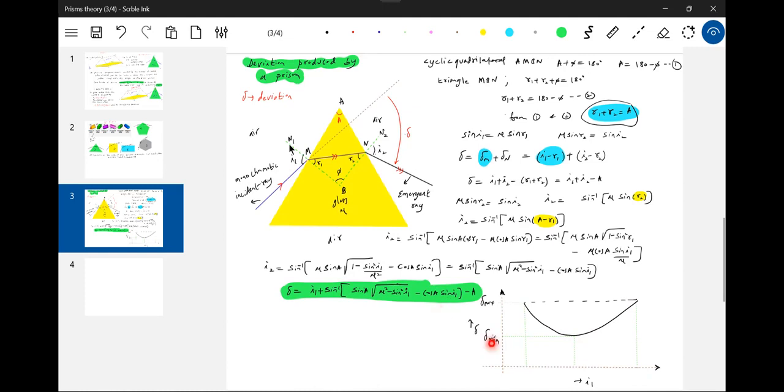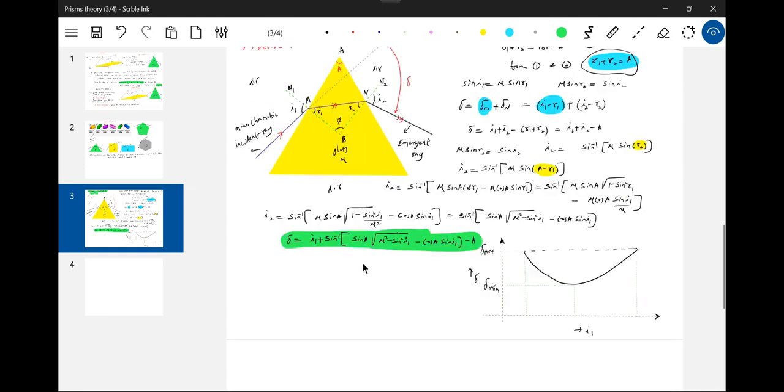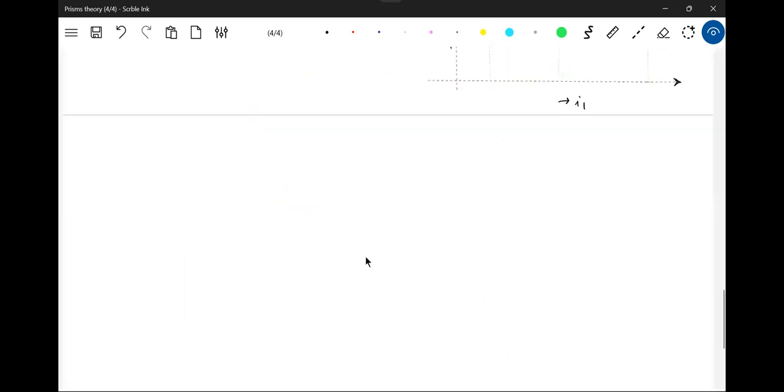Now, our next target is how to get the expression for the minimum deviation. So we'll take help of this particular formula. I'll start from here. Okay, so next is the expression for minimum deviation.